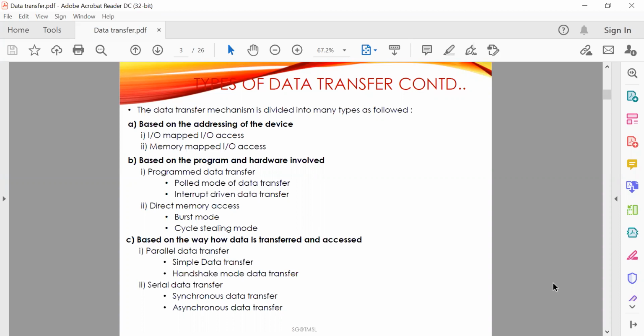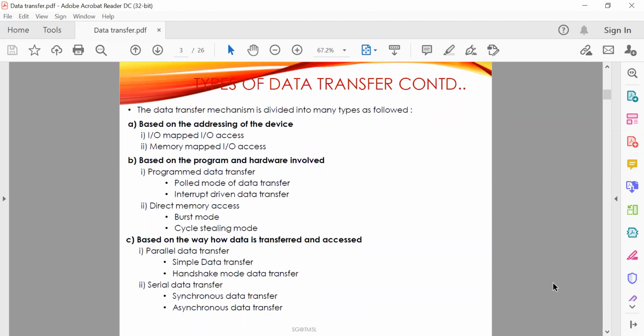Now the programmers have to write an ISR, meaning interrupt service routine, for that particular data transfer to the corresponding output device.